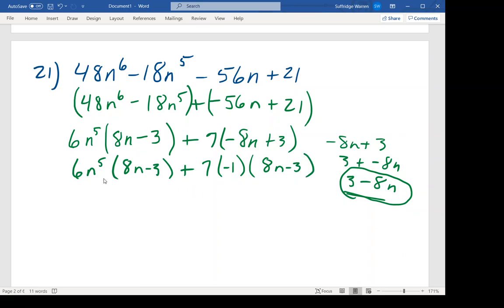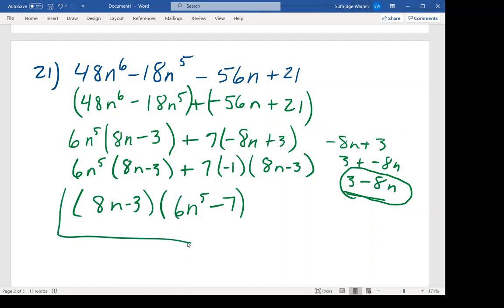Alright, so now we have matching binomials, so we can factor that out. So the 8n minus 3, and then the other product we have is 6n to the fifth, and then plus 7 times negative 1 is negative 7, so we write that as negative 7, and there's our answer for it.